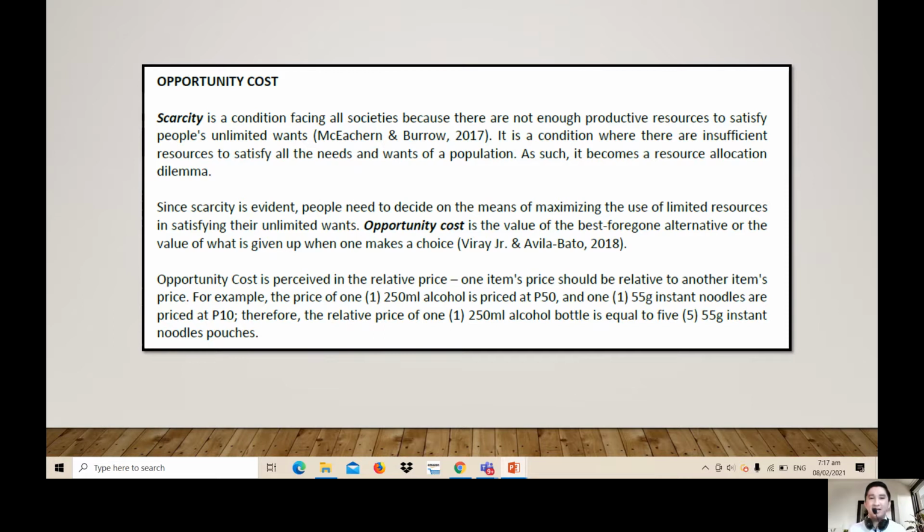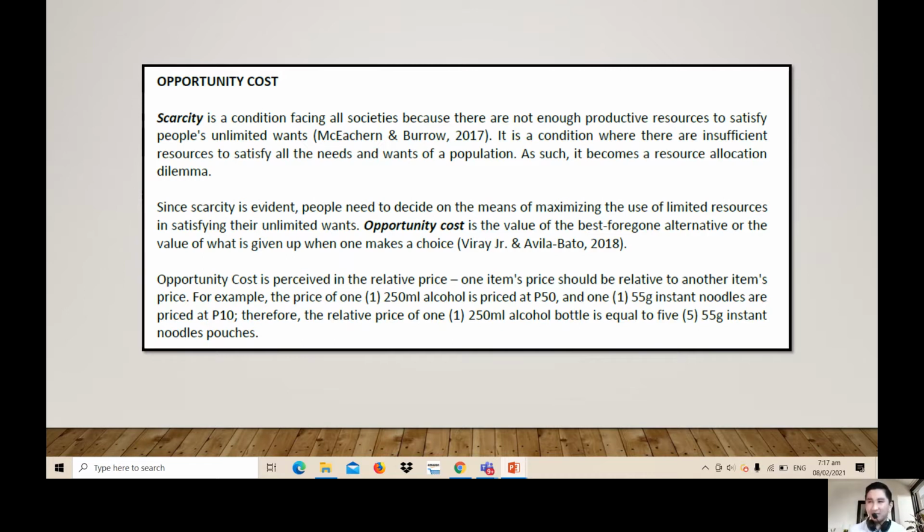Okay, but another example para mas maintindihan ninyo. Dito tayo mag-focus kasi sa definition: the value of the best foregone alternative, or what is given up when one makes a choice. Ano yung pinorgo natin? Dahil may pinili tayong iba. That's opportunity cost.